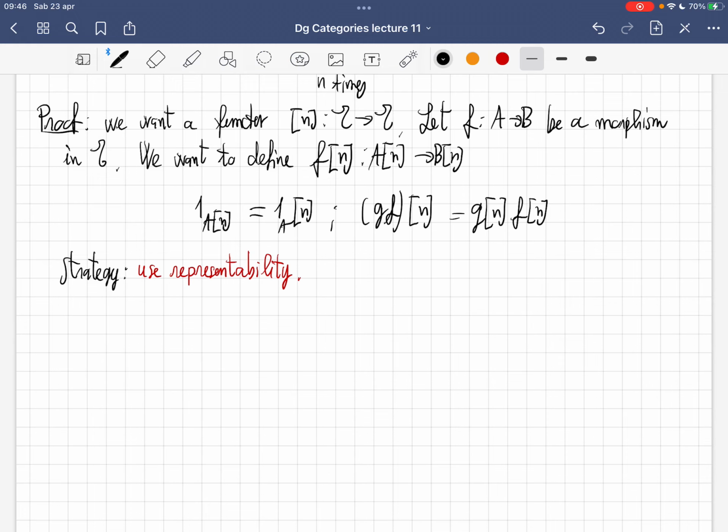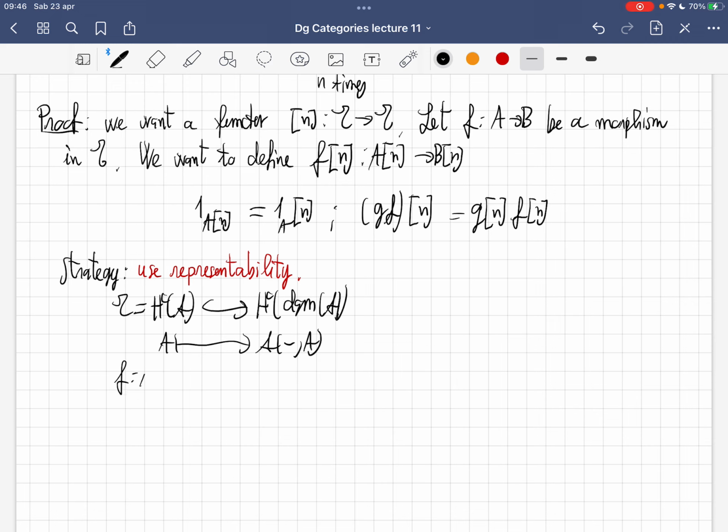Thing is, we have to be a little bit careful now because we are working with morphisms in T. T is H0 of A, but fortunately we have the Yoneda embedding. You take H0 of the Yoneda embedding and you get still something which is fully faithful and still maps A to this. And F from A to B is now itself a cohomology class.